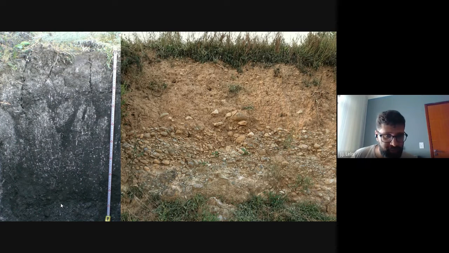They are generally related to a high content of organic matter. So this dark color suggests that we have a high content of carbon and carbonate, and this high content of carbonate and calcium could favor the presence of calcium carbonate.